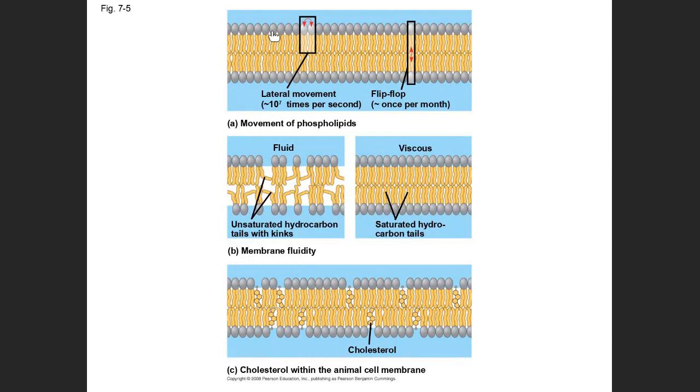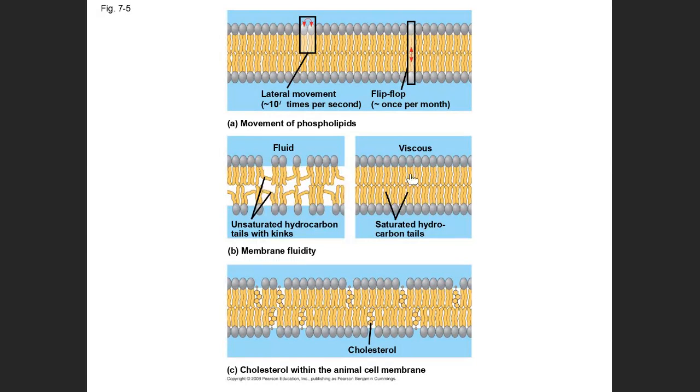And part of that fluidity has to do with some of the hydrocarbon tails having a kink in them, having that bend where we have a double bond. We talked about how that makes fats unsaturated if they have a double bond, but that helps to space the phospholipids apart, which keeps them more fluid.